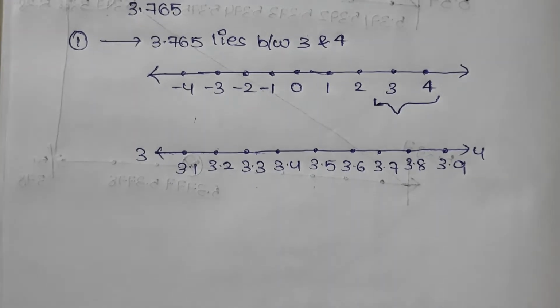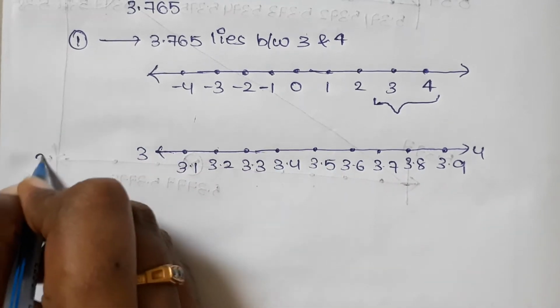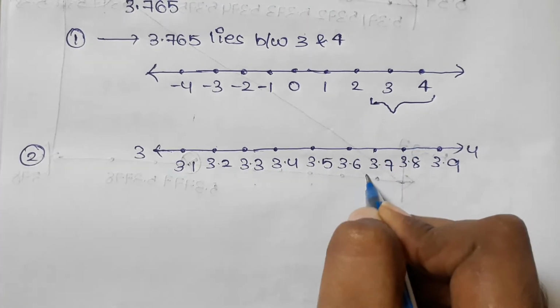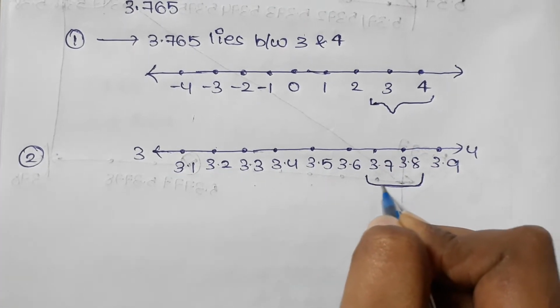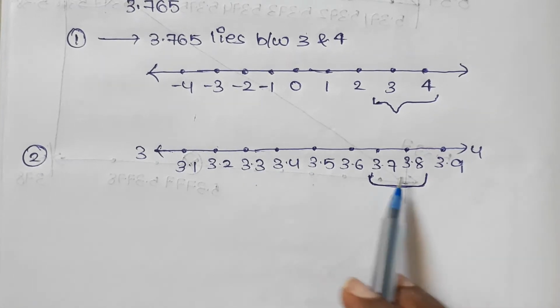And now it is the second step, and here this 3.765 lies between 3.7 and 3.8, and this should be closely viewed.